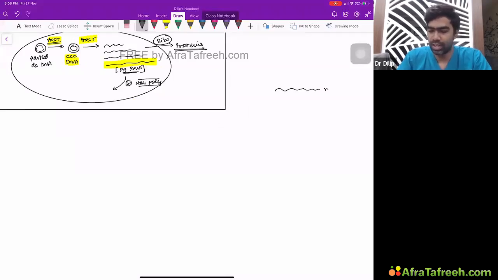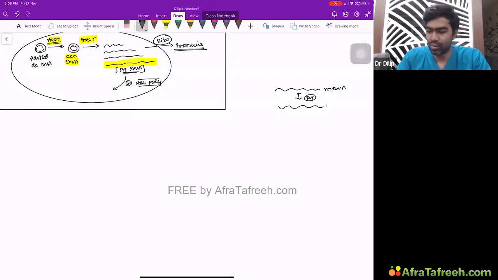Initially, it takes the biggest mRNA as a template and produces a complementary DNA strand. From an mRNA, if you produce a DNA strand, that is actually done by reverse transcriptase activity. Now, it has its polymerase activity. Through the polymerase activity, it will produce another strand of DNA as well. Now you are getting a double-stranded DNA.